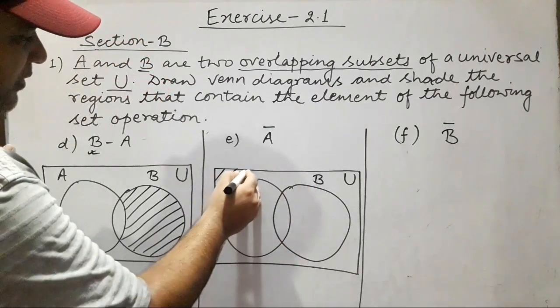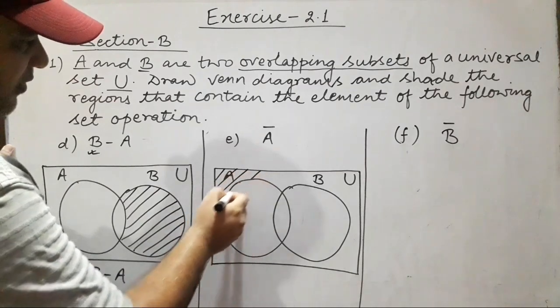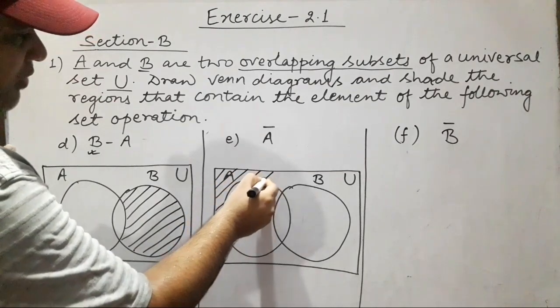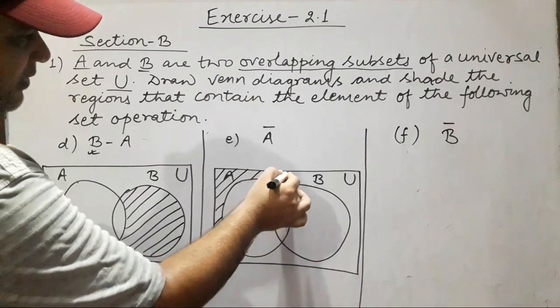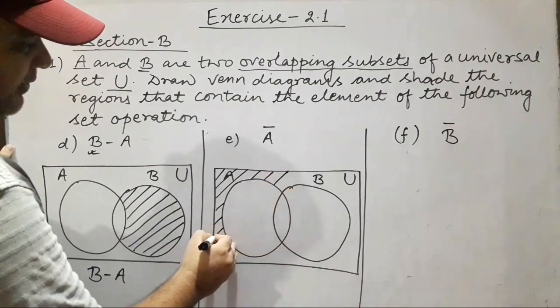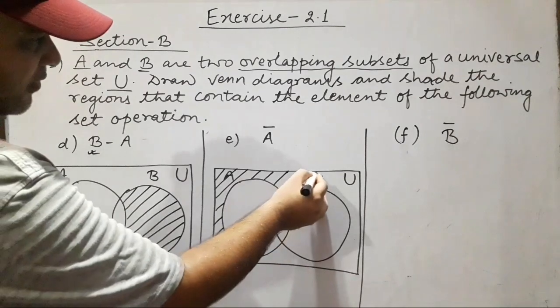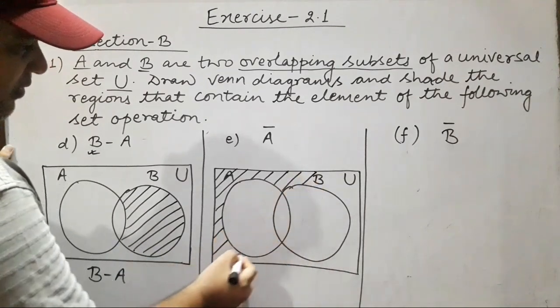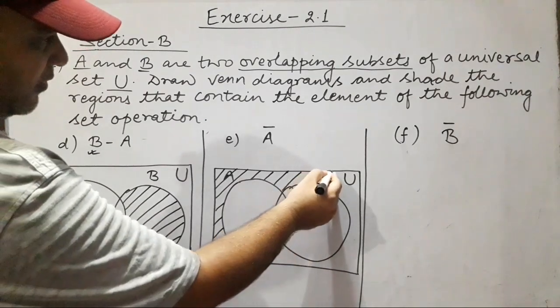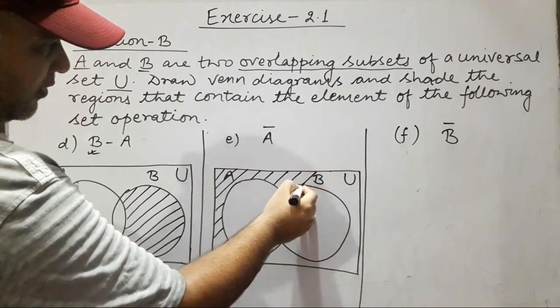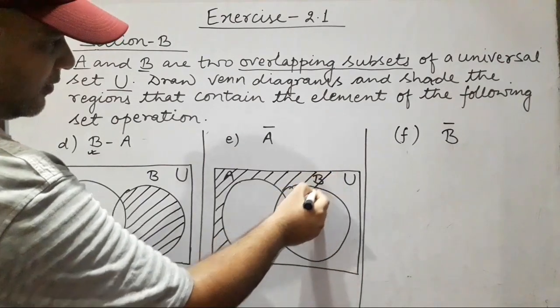I should say except this circle. Okay, let me say it. I should not go inside this A, since this is the A complement, that is except A. Okay, like this.